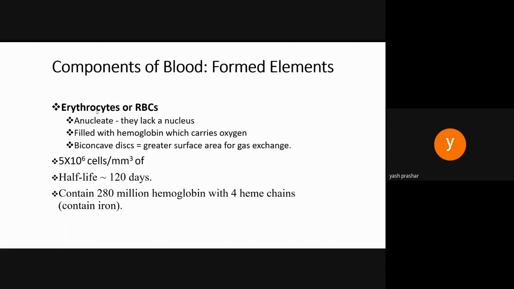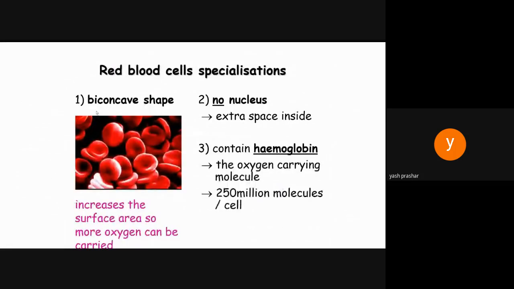If we go to the next slide, this slide shows the biconcave shape of the RBCs. This increases the surface area, so more oxygen can be carried, and there is no nucleus as such. This is the basic benefit of red blood cells.